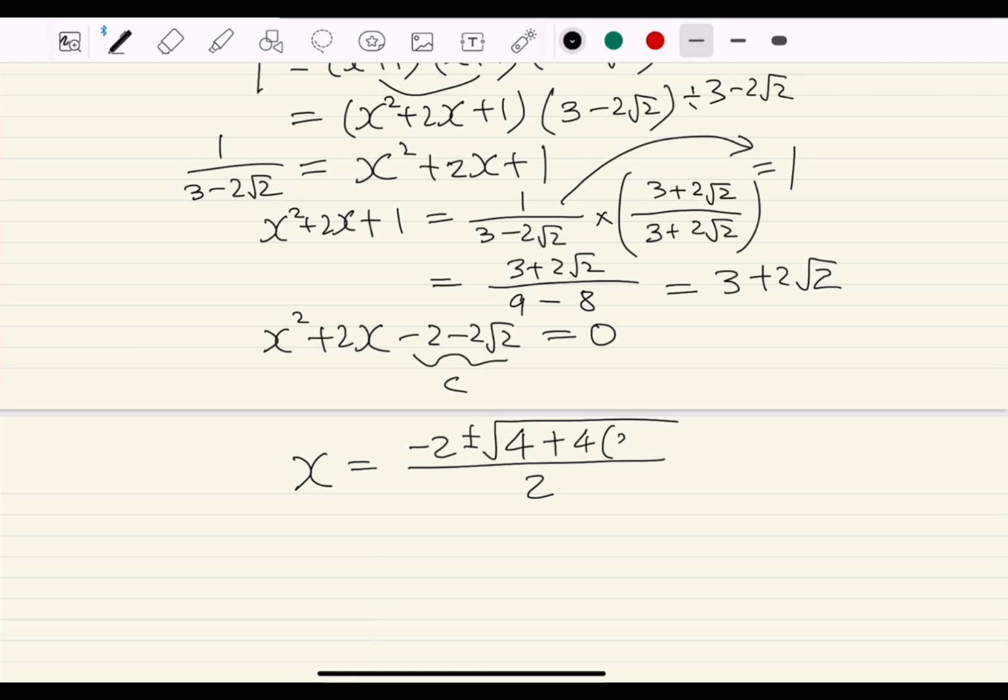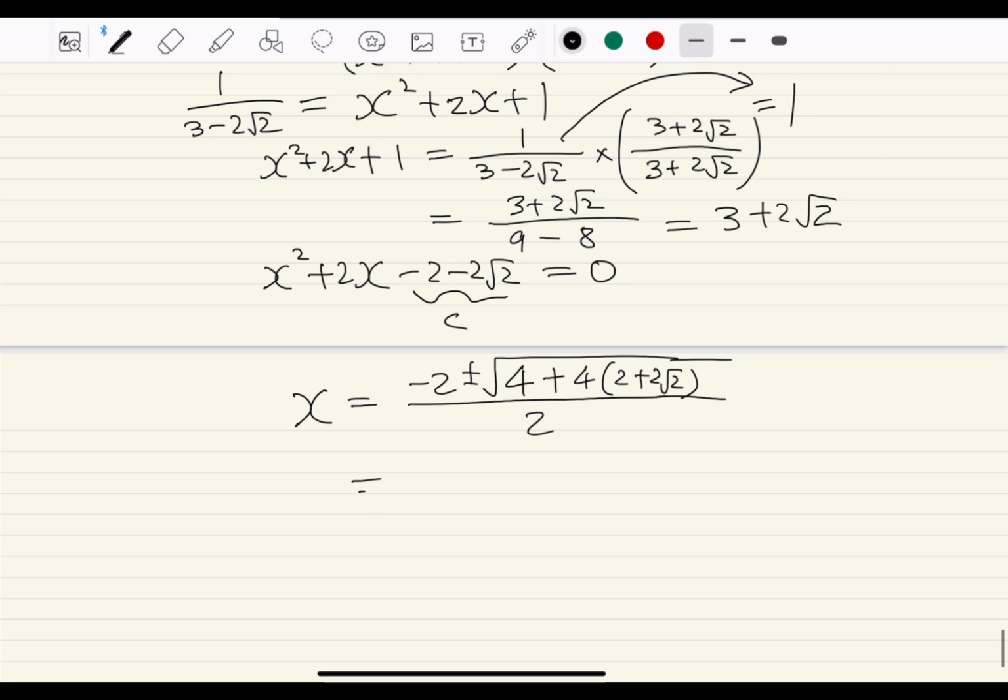Okay, so now what can we do? Now we have minus 2 plus or minus the square root of 4 plus 12, plus 8 root 2, all over 2. Notice that we can take out 4 from the square root because 4 is a common factor.